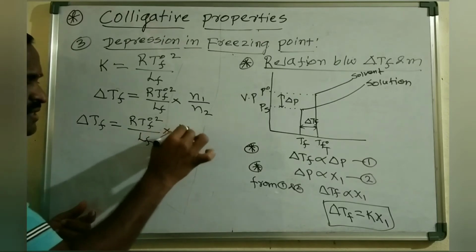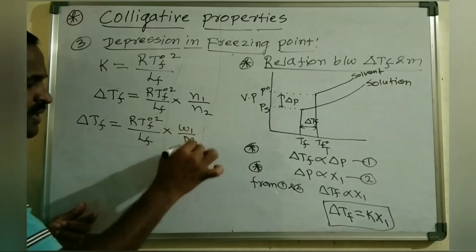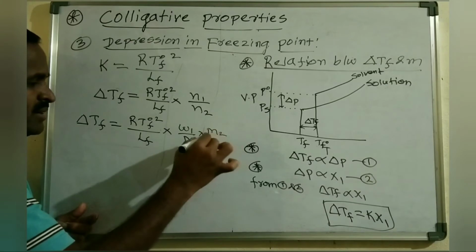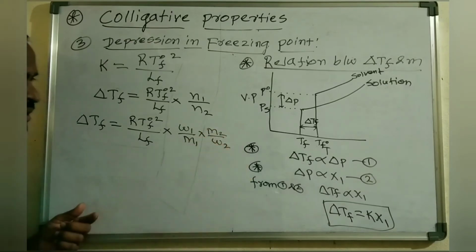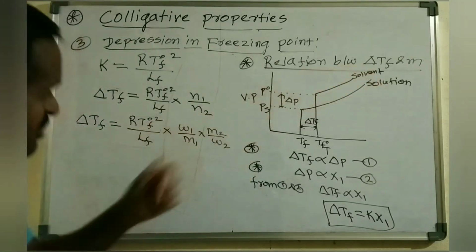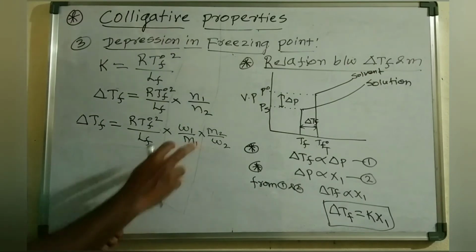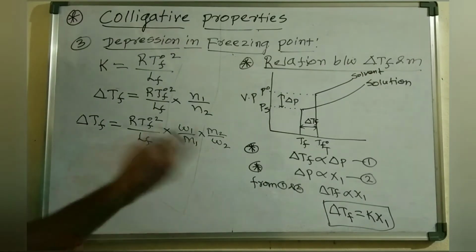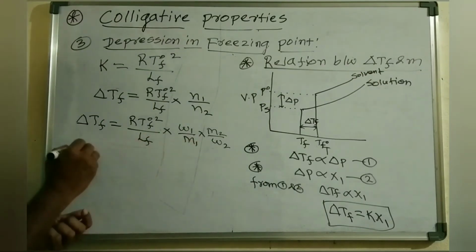into n1, which I can write as W1 by M1, and here M2 divided by W2. Okay, to introduce the molality term in this expression, the right side is multiplied and divided by 1000.